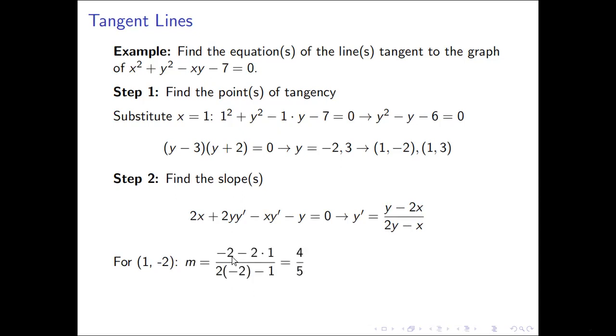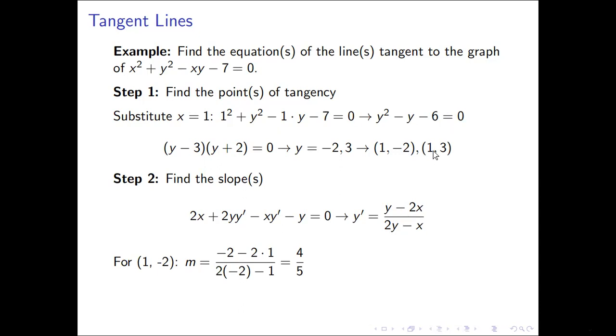I've shown here the substitution and the final value, 4/5. In other words, the slope of the tangent at this point of this curve is 4/5, found by implicit differentiation. And we do it for the other points, if there are any.